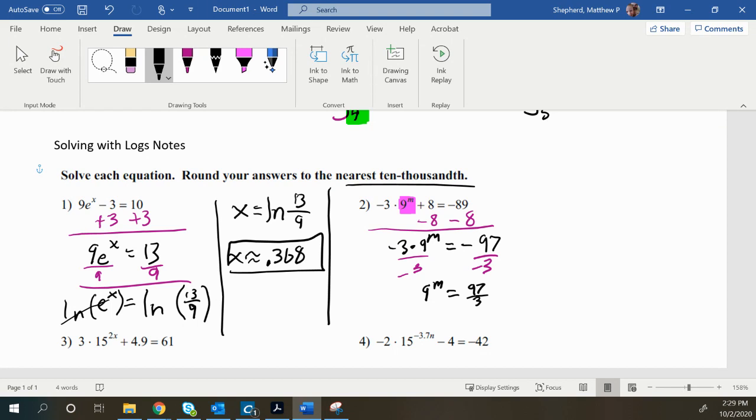And now, in order to deal with that 9, what we're going to do to both sides of this equation is take a log base 9. So 9 to the power of what is equal to 9 to the power of m? m is. So m is equal to log base 9 of 97/3.